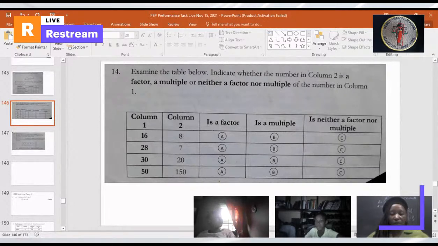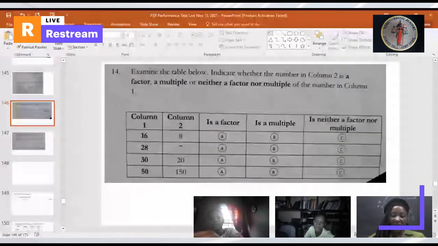All right, so looking at the table, we are to say whether each number in column 2 is a factor, multiple, or neither of the number in column 1. So let's do this one together.